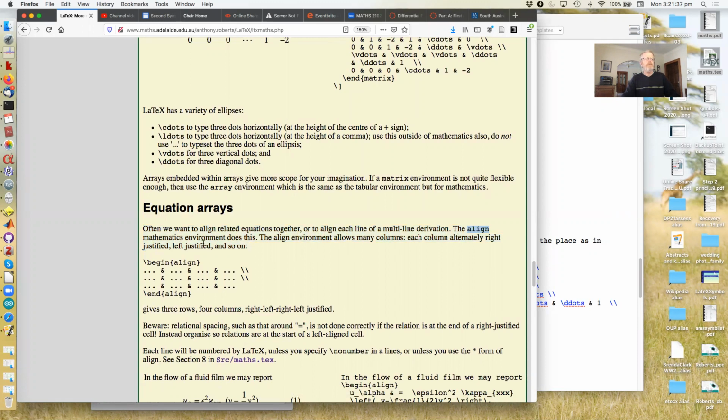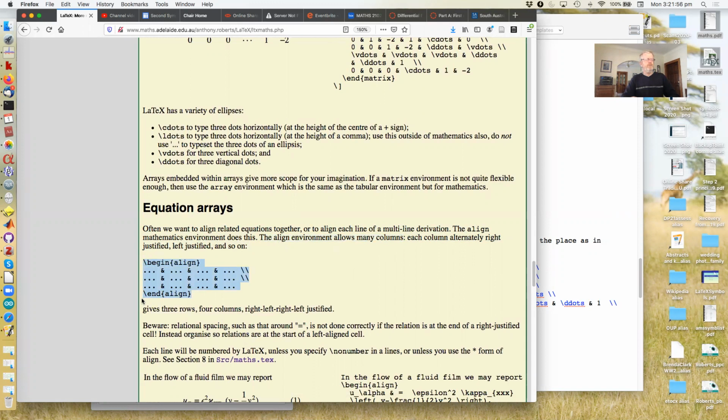Okay, the align mathematics environment does this. It allows many columns, and each column is alternately right justified, left justified, right justified, left justified, etc. Usually we only use 2 columns.